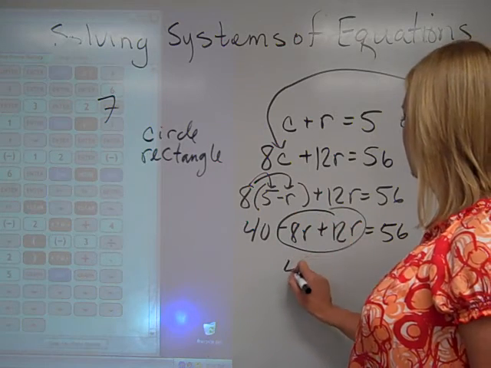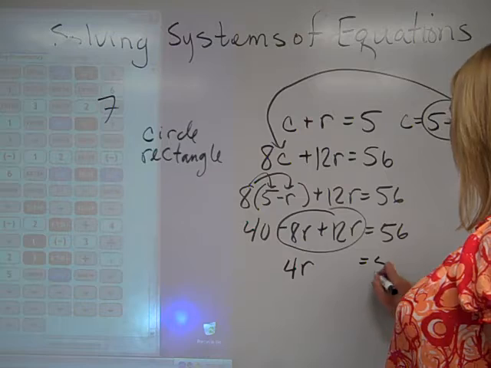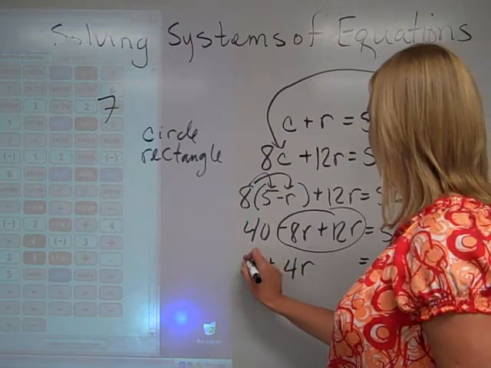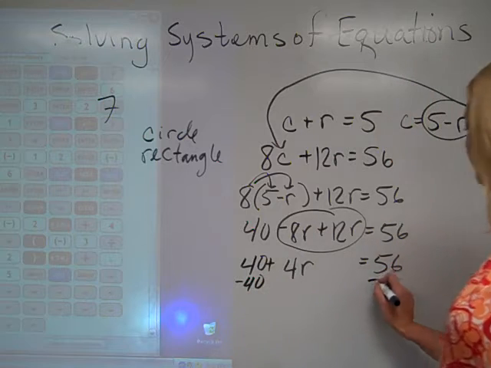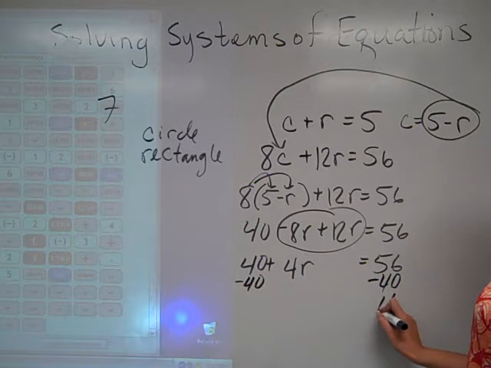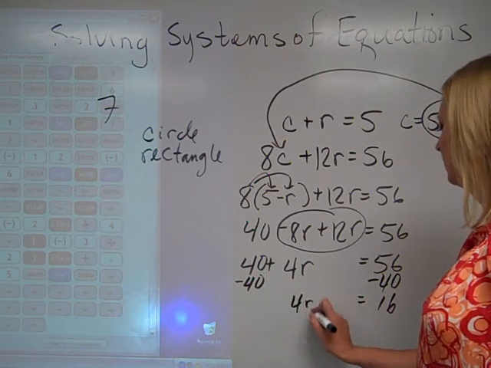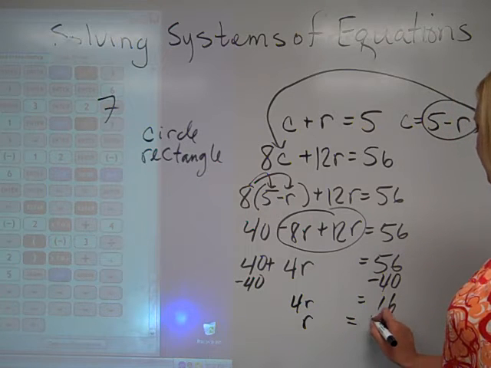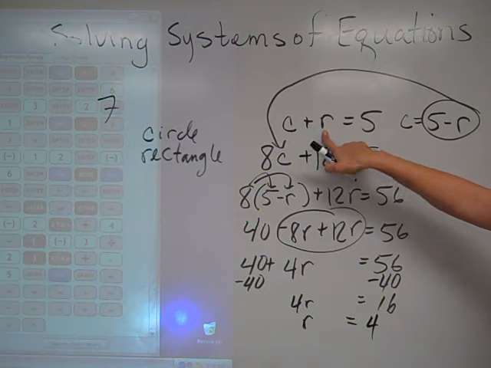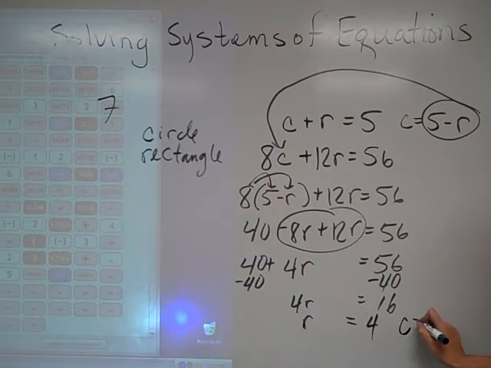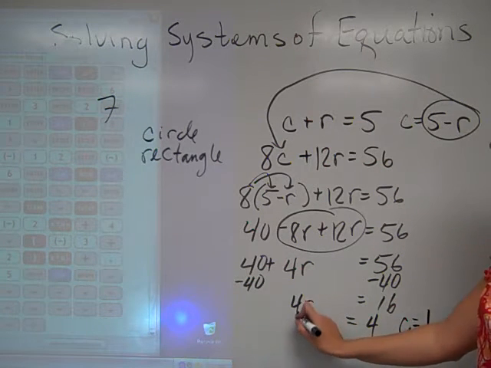Combine your like terms. 4R plus 40 equals 56. Subtract the 40 from both sides. Rectangle tables, you have a total of 4, which means because the circle and the rectangle together is equal to 5, then you have 1 circle table.